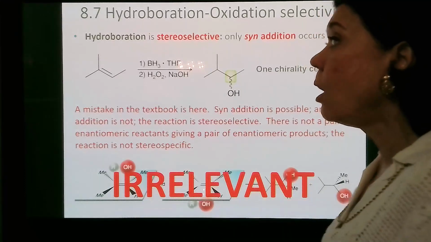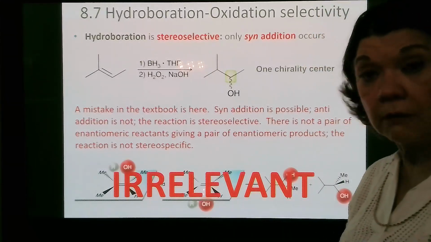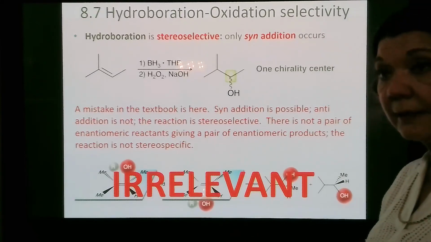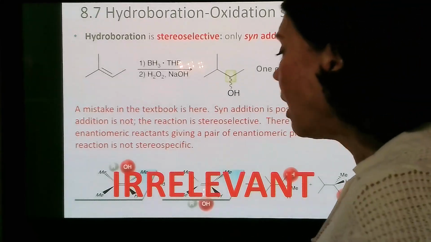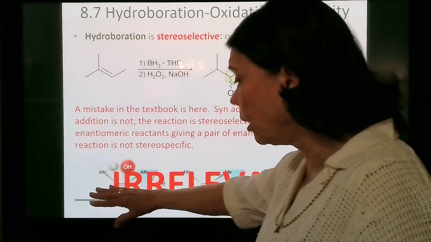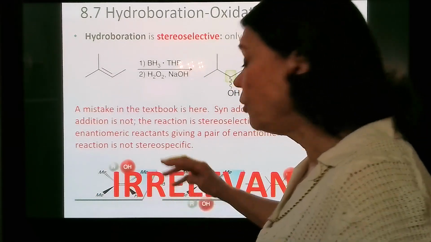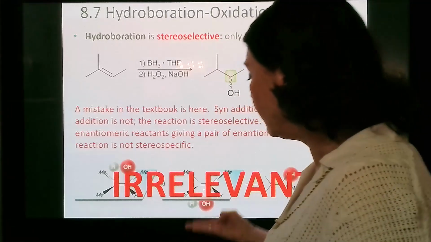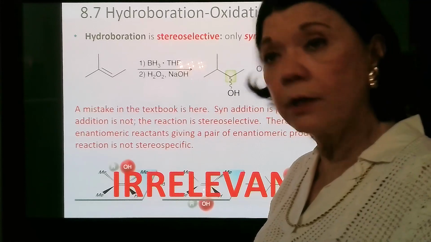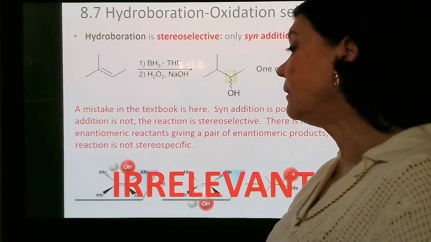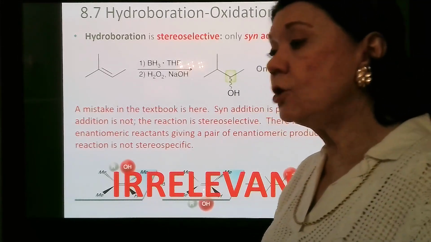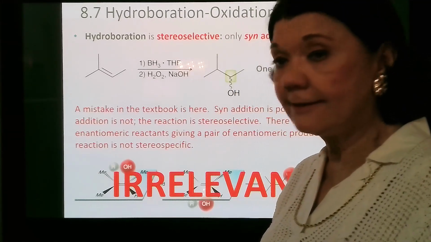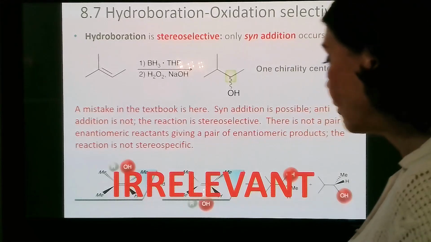That's not the criterion for stereospecific or stereoselective. Anytime that you have a planar reactant, you can always have the reagents come in from the top or the bottom. That's very common. And that is not a determinant for stereoselectivity or stereospecificity. Ever.